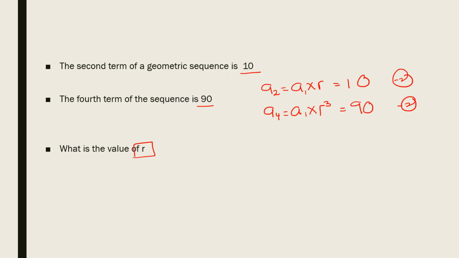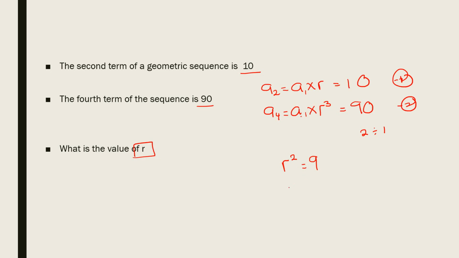We can simply say equation 2 divided by equation 1: a1 divided by a1 is 1, r cubed divided by r gives me r squared. 90 divided by 10 gives me 9. So r squared equals 9.